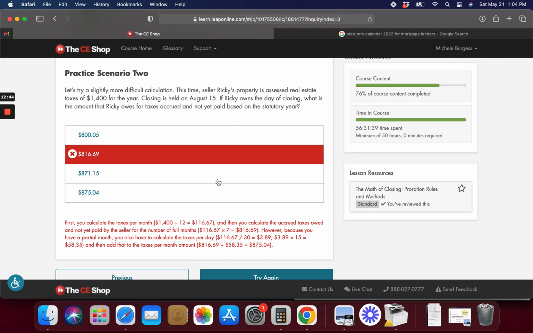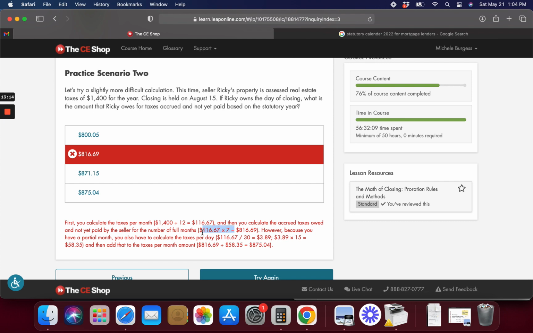This is the formula. All right, so I got this one right. Divided by 12. And then they're going 7 months. The not yet paid is 7 months. So I'm doing this backwards. Okay, so they didn't pay 7 months.